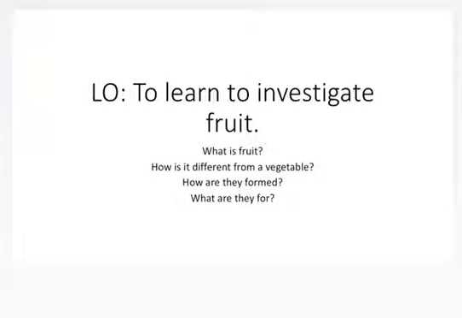Okay, so today we're going to investigate fruit. We've got to decide what is fruit, how is it different from a vegetable, how are they formed, and what are they for. Now, I don't know if you're like me, but I thought I had a very good idea of what fruit and vegetable was.